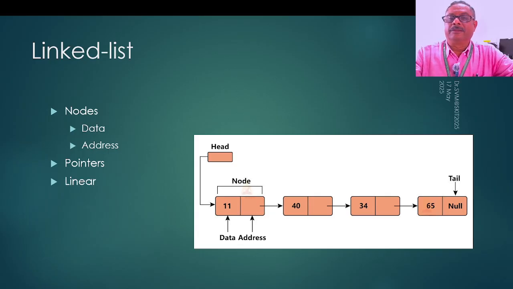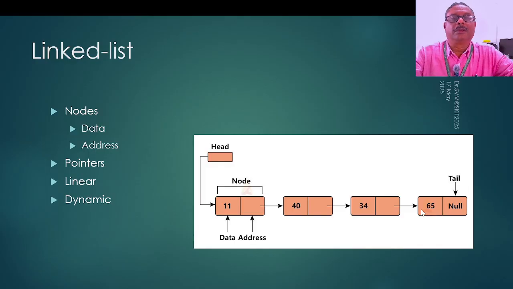Yes, it is still a linear structure. You can see that the whole thing is a linear one, and it is dynamic. Currently we have four nodes, which means we are able to store four data.